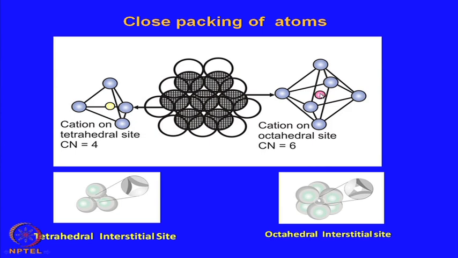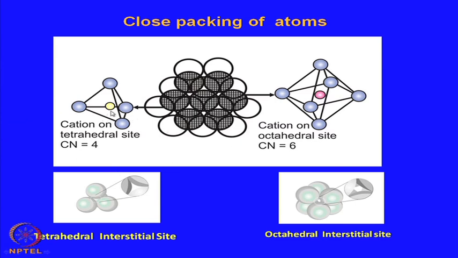The number of atoms surrounding this interstitial space is 6, not 4, and this is called the octahedral site, or the interstitial site has an octahedral coordination, with a coordination number of 6.